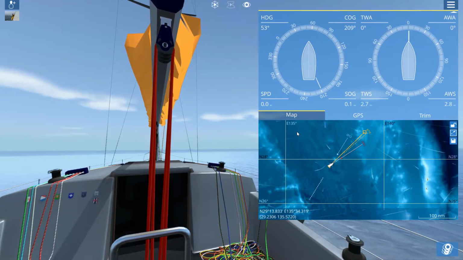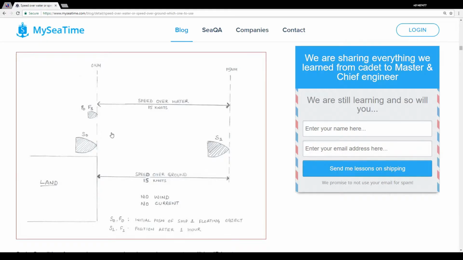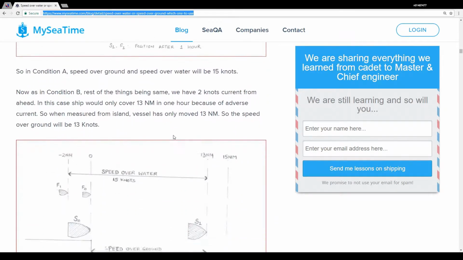Let me talk about that a little bit differently with some diagrams. Okay, so let's look at 3 different scenarios here. I'm using this guy's website. In the first instance, there's no wind and no current, and so our speed is 15 knots, and our speed over ground is 15 knots, because nothing is affecting the boat speed.